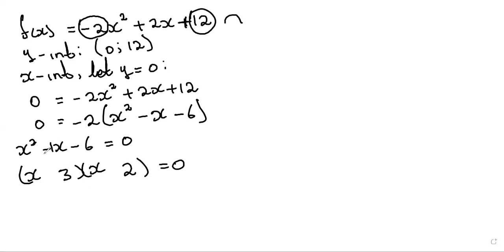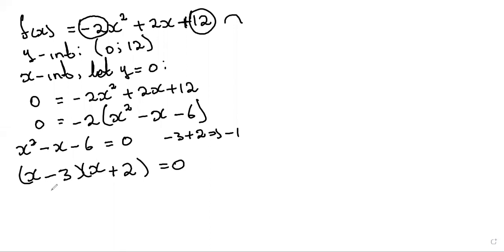But we know that the bigger number takes the sign of the middle term. So it means this one has to be positive, so that negative 3 plus 2 is going to be negative 1, which is the coefficient of x here. That's fine. Then from this point, we are just going to apply the zero factor law.